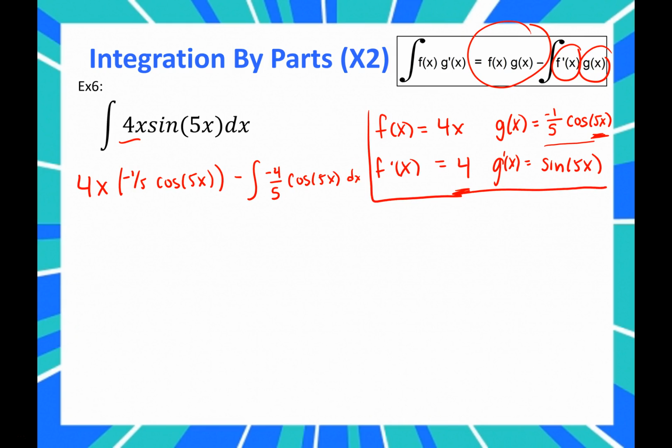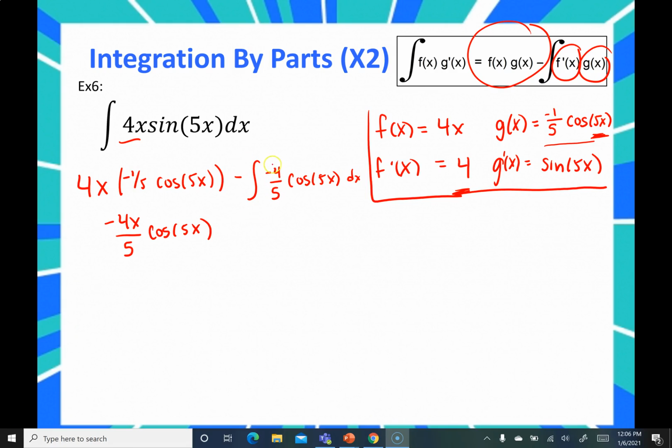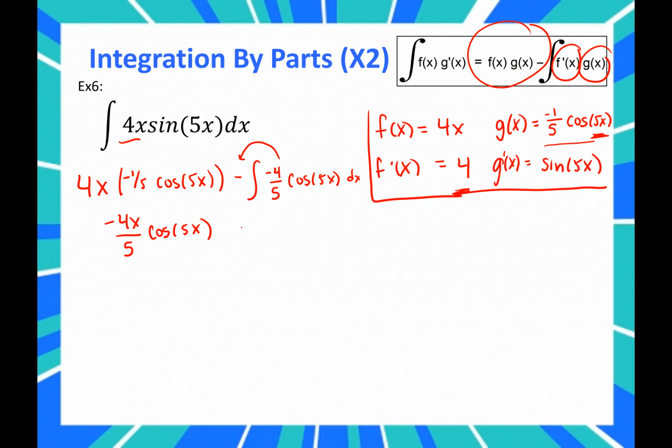Okay, now let's go ahead and simplify a little bit. 4x times a negative 1/5 gives me a negative 4x over 5 cosine 5x. And then I'm going to go ahead and pull out the negative 4/5, so I'm actually going to have a plus 4/5 out in front, and then the integral of cosine 5x dx.